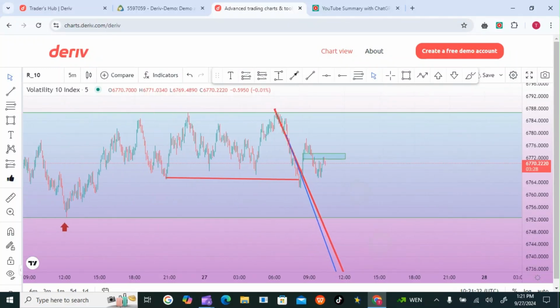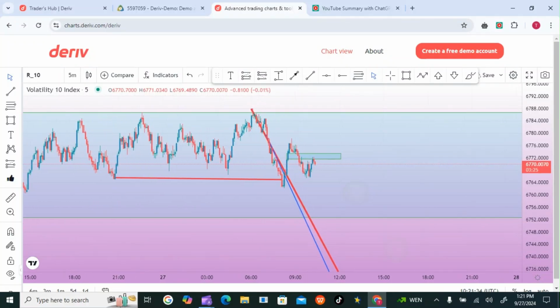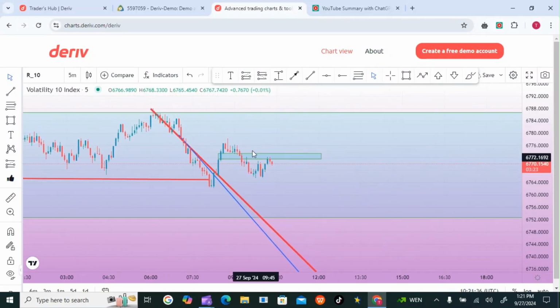It is aiming to reach which zone? Let's see the first zone it's trying to reach. It's this zone below here, and then it might decide whether to break that zone. So we can enter a very short position to that point.